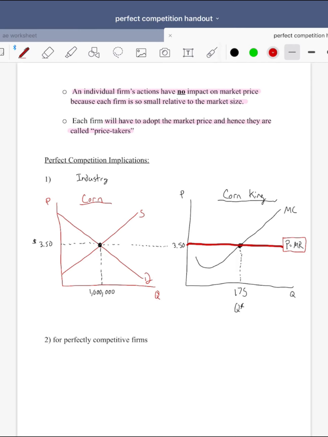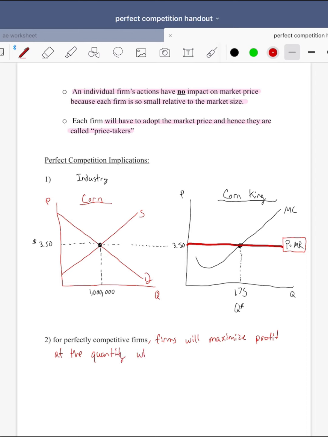So once again, one of the key takeaways is that the demand curve, whenever we're dealing with a perfectly competitive firm, is always going to be this horizontal line at whatever the market price is. Just remember that we said that consumers in a perfectly competitive market are going to be perfectly elastic, so the demand curve is always going to be this horizontal line.